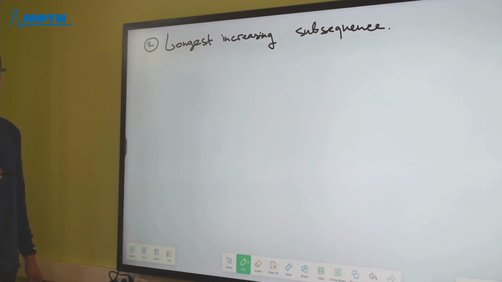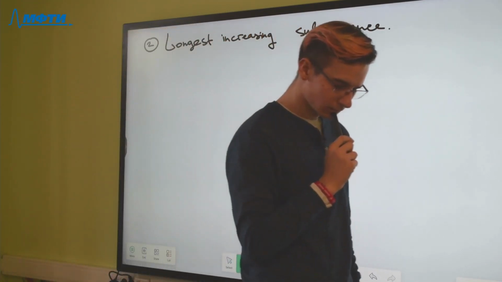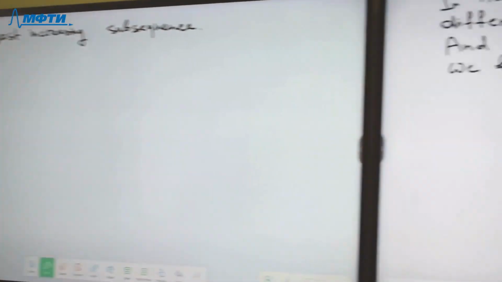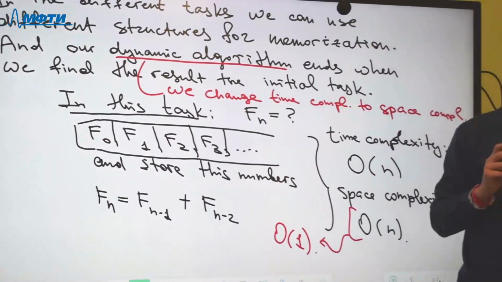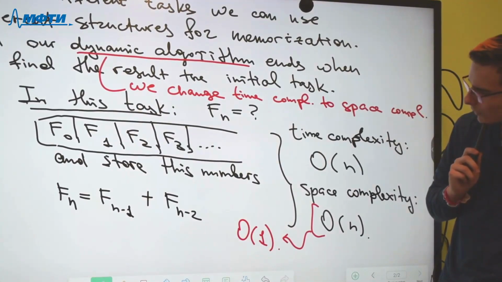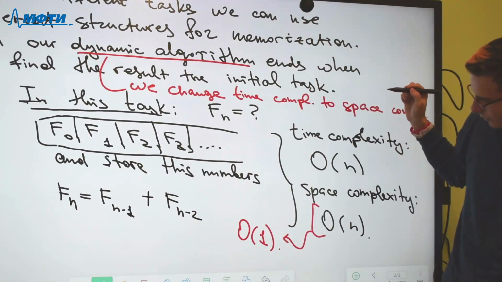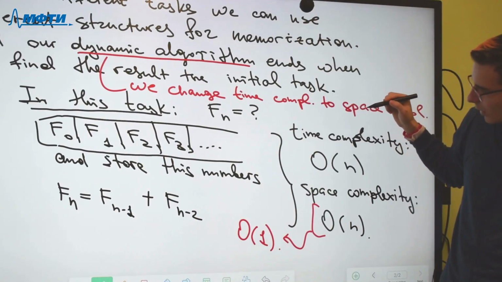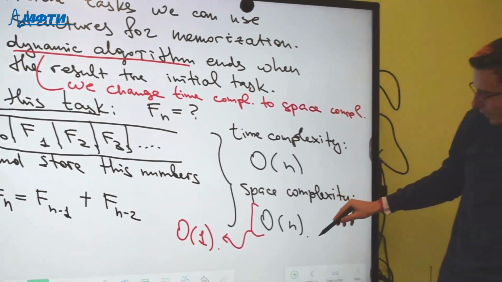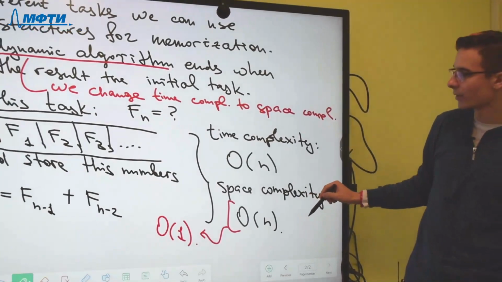Sorry, but I didn't understand why we need big O of n for memorization in the Fibonacci example. Why do we spend O of n space complexity in the dynamic way?